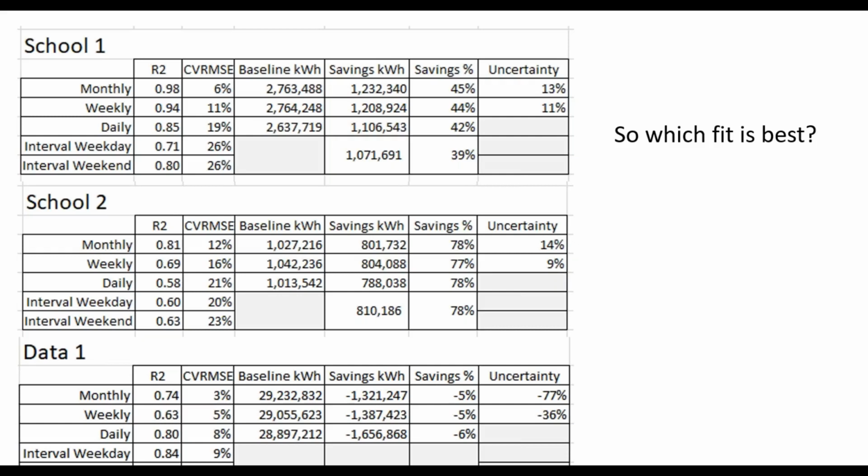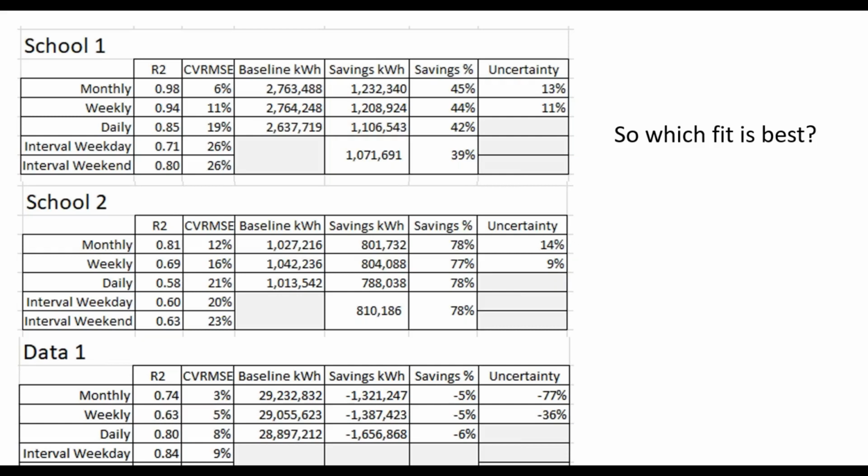So again, which fit is best? And I think what Kevin said, and Kevin, correct me if I'm wrong, is we can't tell you. At least the experts, the statisticians with the PhDs, will disagree. And so it's up to you.